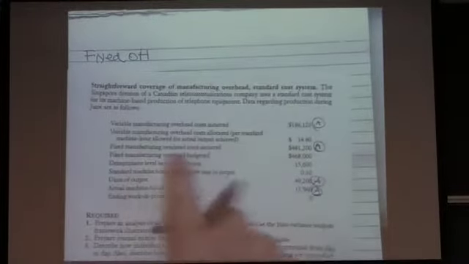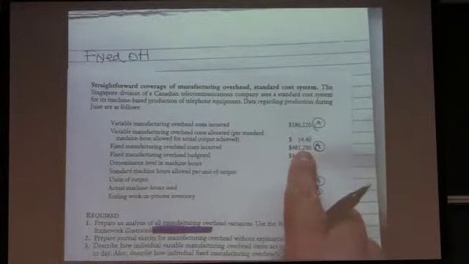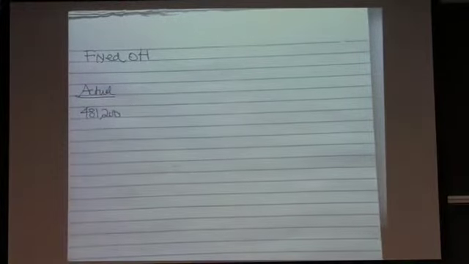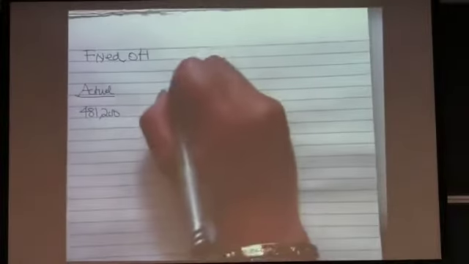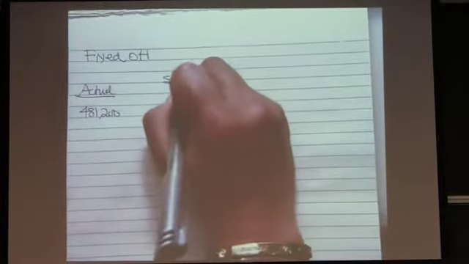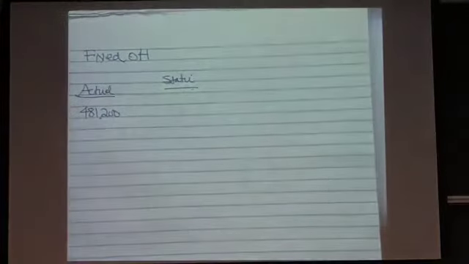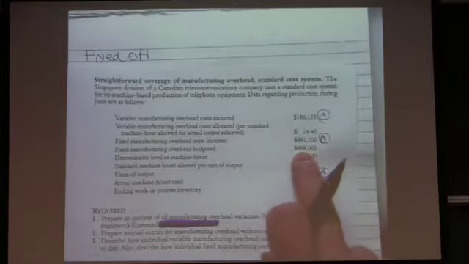It was 481,200. Okay? Now, what was the static budget? The static budget is 468,000.